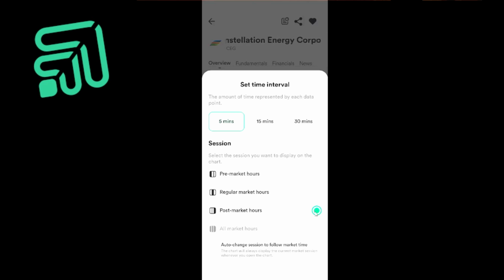Then it's gonna be 4 a.m. here, up to 8 p.m., which is 8 a.m. here in my timeline. You could also do automatic session changes here by clicking in your cell phone, this one.